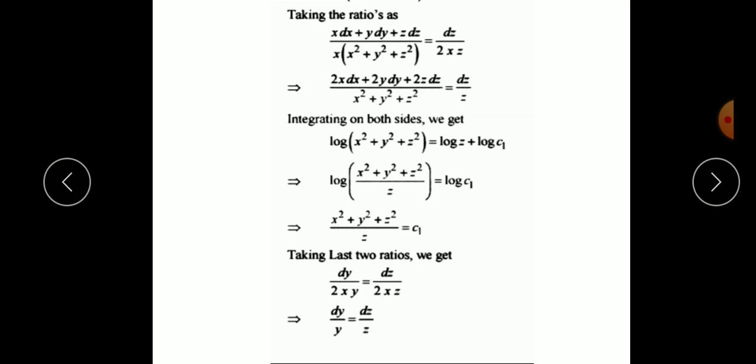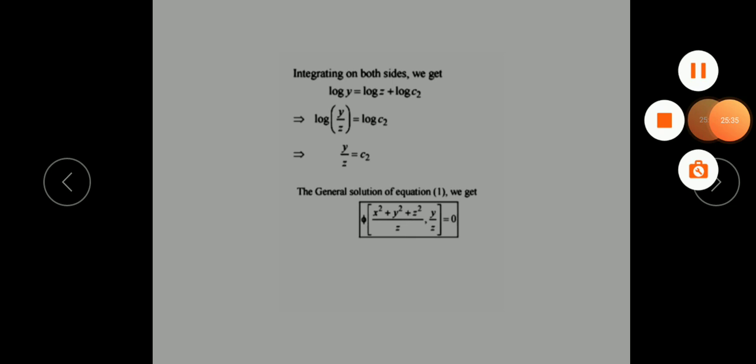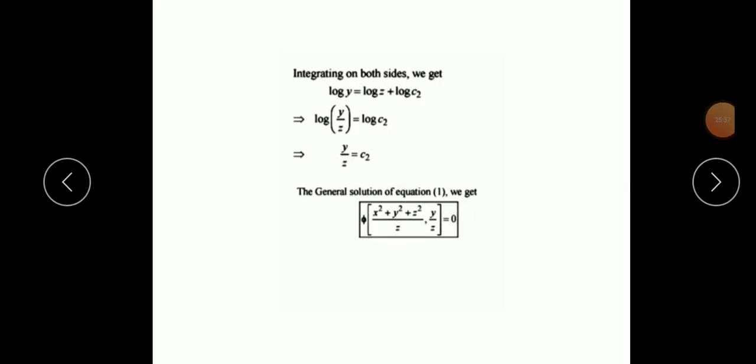Now whenever we take the last two terms, meaning dy upon 2xy is equal to dz upon 2xz, then after integrating both sides we get log y is equal to log z plus log c2.